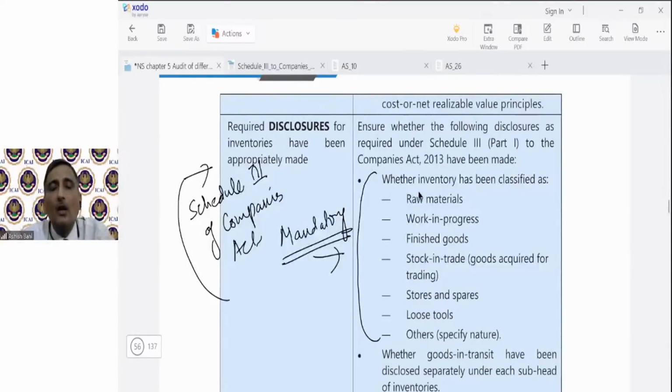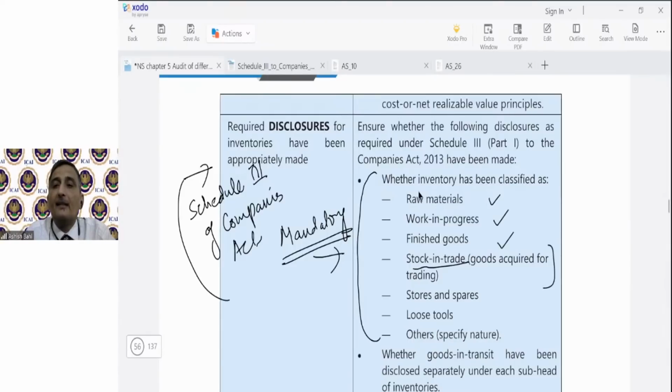There is no leeway available to the company not to disclose those things which are required to be disclosed as per requirements of Schedule 3. Okay, so inventory has to be classified as raw material, work in progress, finished goods, stock in trade.